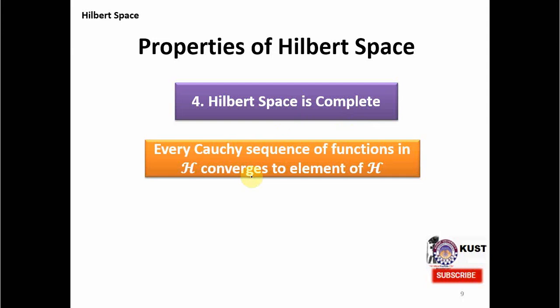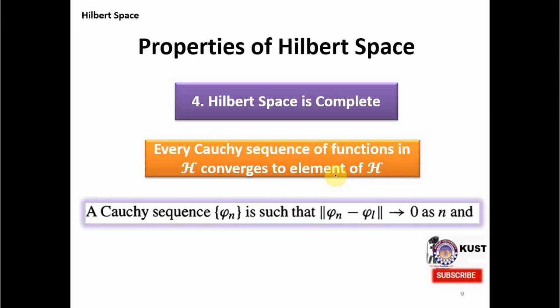These converge to an element of H, which means if we have some Cauchy sequence of functions in H and we check its convergence, and if it converges to another element of H, we say that the space is complete. So mathematically, a Cauchy sequence of functions, let's say phi_n, is such that if we calculate the norm of phi_n minus phi_l, it goes to 0 as n and l approach infinity.